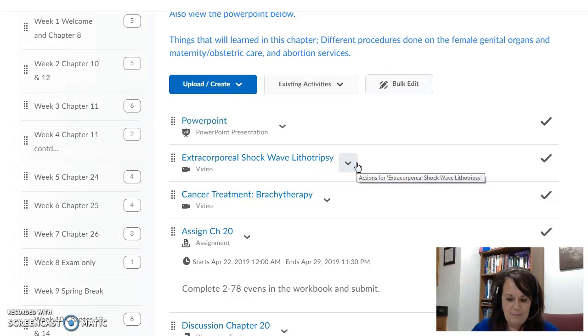So half of chapter 20 is just urinary system, very short and sweet. Same with male genital, pretty short and sweet. They go through the format, and you can read about that.